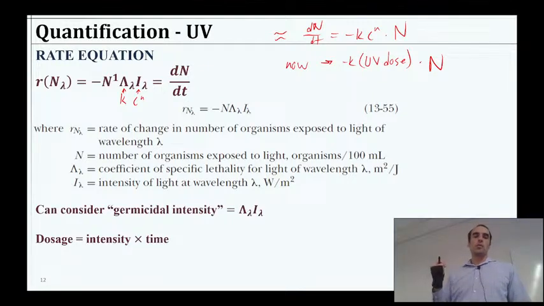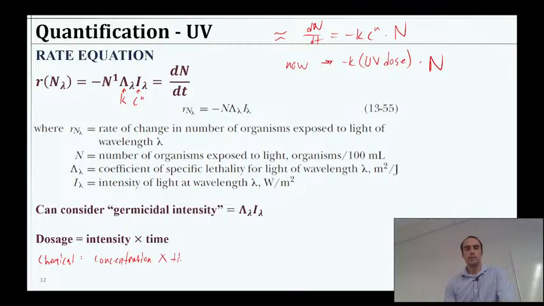So the dosage then, the total dosage, is intensity times time. So if we're doing UV dosing, that's giving some amount of intensity of light for some period of time. Just like chemical dosing would be, so in the chemical way, that would be the concentration times time for something like chlorine, right?